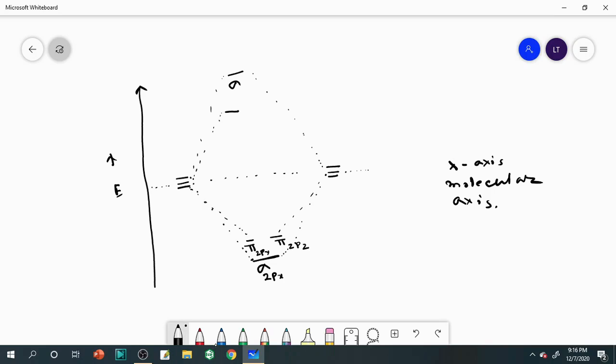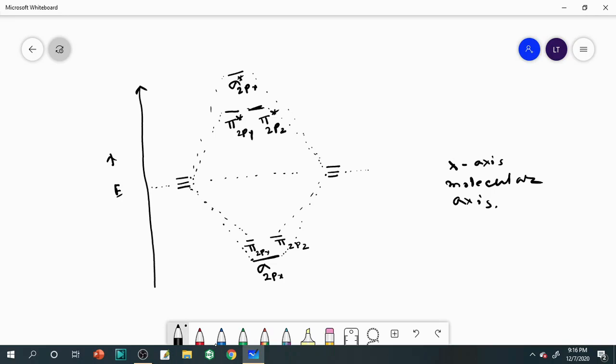So here we will get again 2 degenerate pi, the energy level is the same, just remember. This is 2py and this will be 2pz, and since these are anti-bonding, they must be designated with an asterisk. So pi star 2py, pi star 2pz, and this should be sigma star 2px.